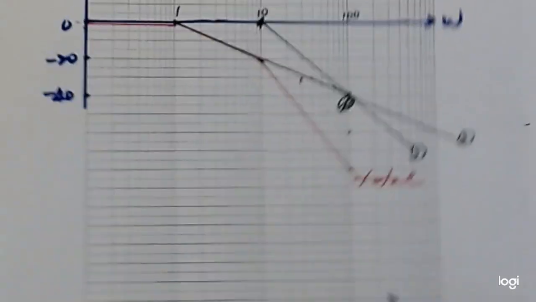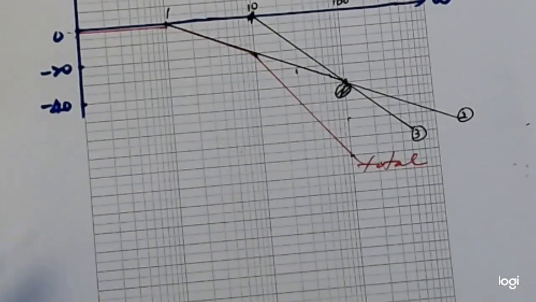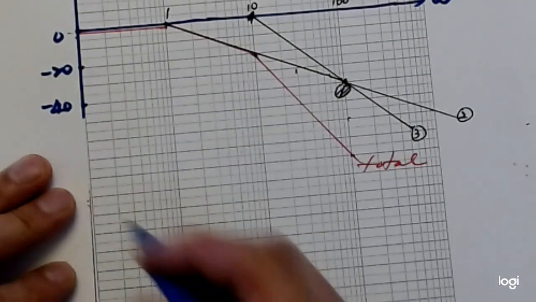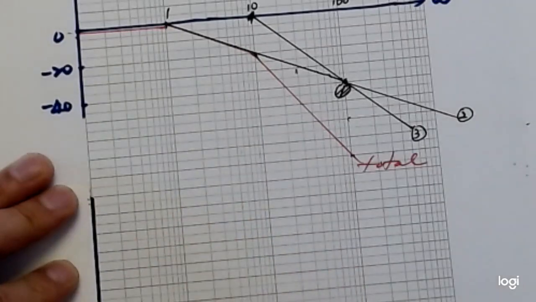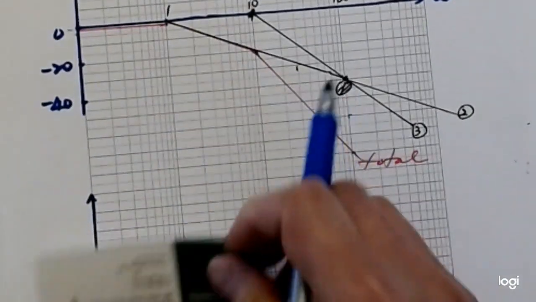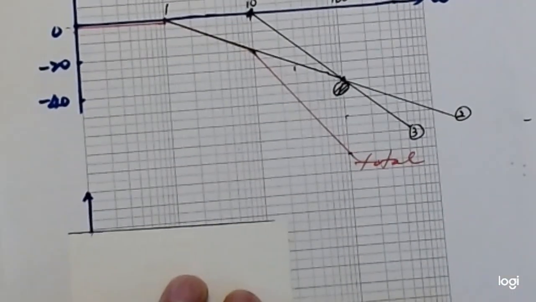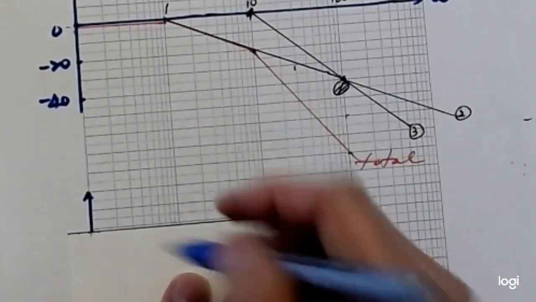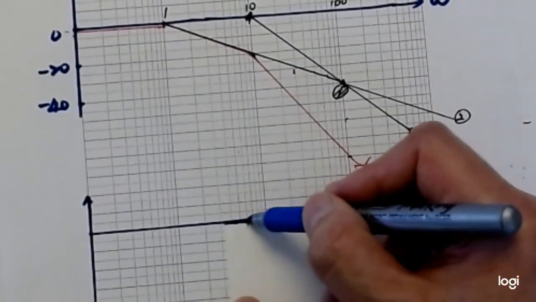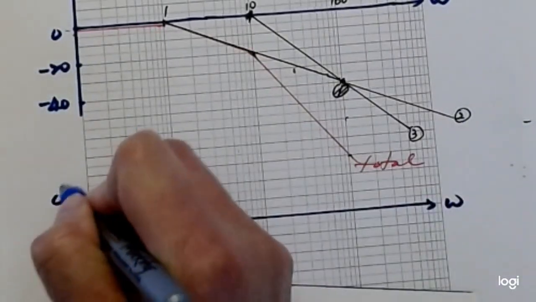Okay, so now let's look at the phase angle. Draw the axis quickly. Omega, phase angle.